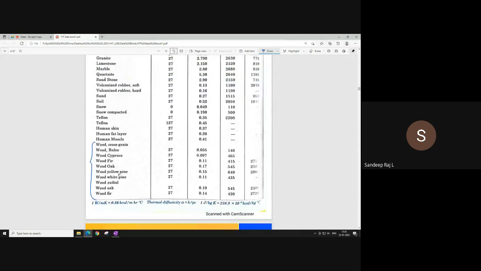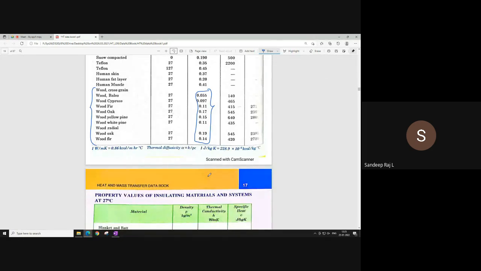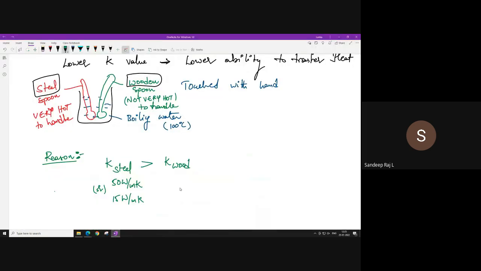So what are the values of thermal conductivities of the wood? Can you see? In what range are they? Please tell me. Their values are around 0.1 or 0.15. So the thermal conductivity of wood is 0.15 watt per meter Kelvin.